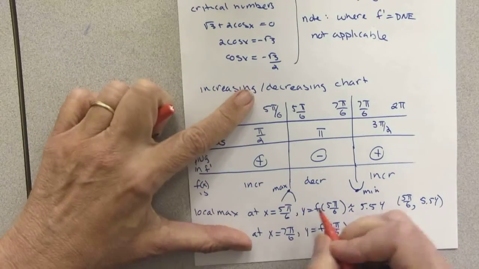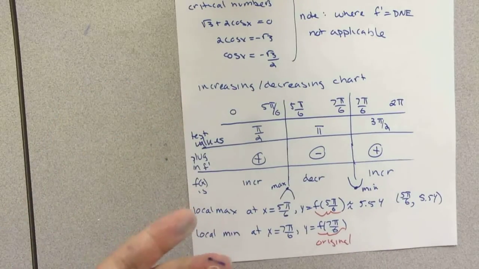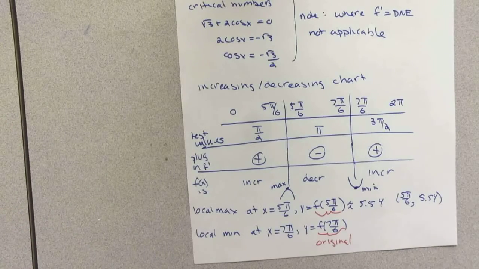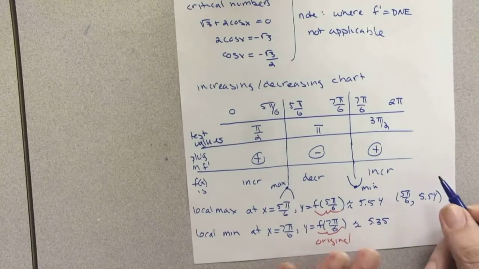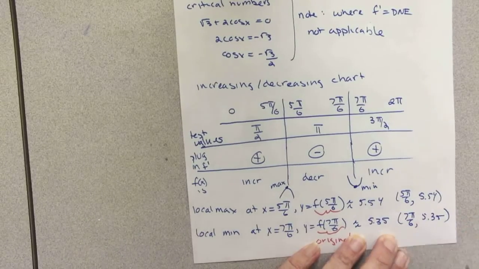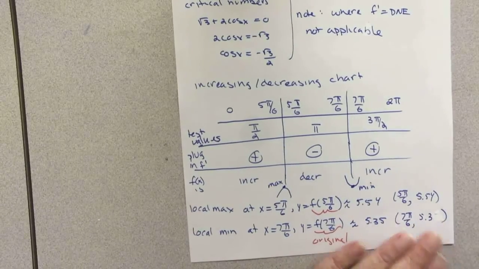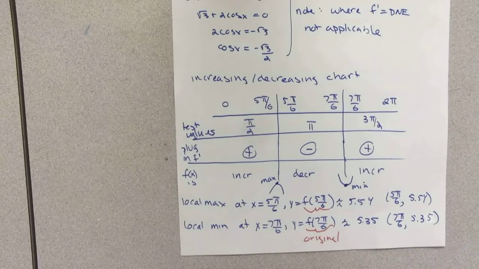Remember, y coordinates always come from the original, and so if you put 7 pi over 6 in there, you get roughly 5.35, and so 7 pi over 6, 5.35 looks to be my local minimum. And there's all my stuff about increasing, decreasing. On the next video, we will move to concavity.